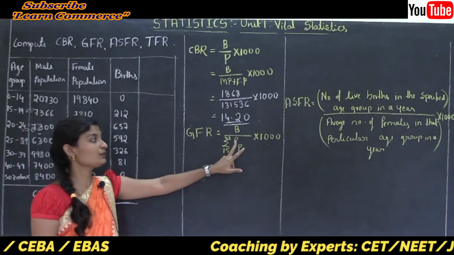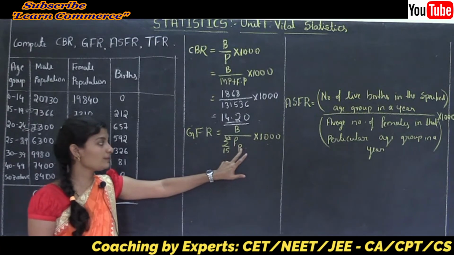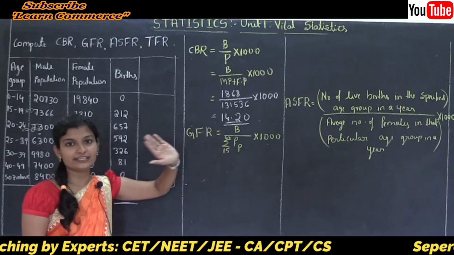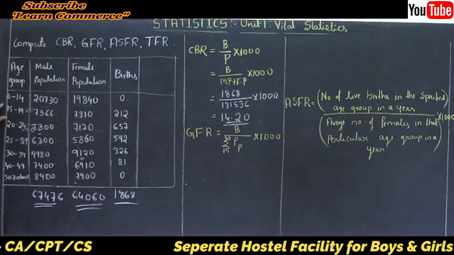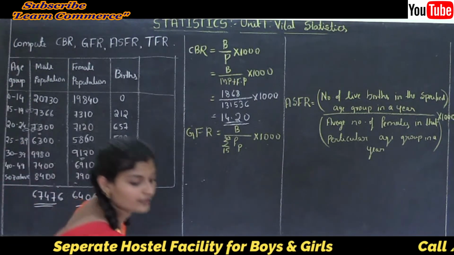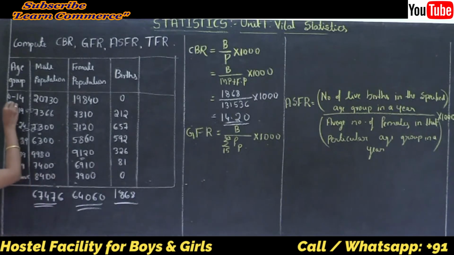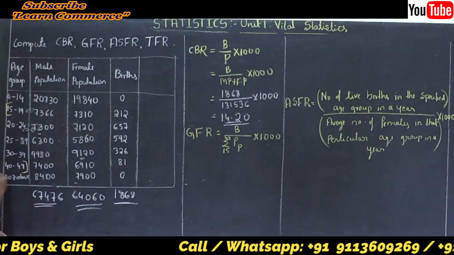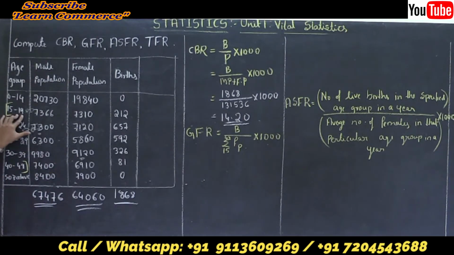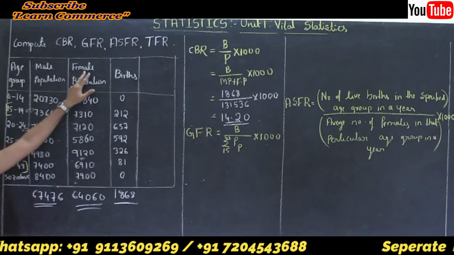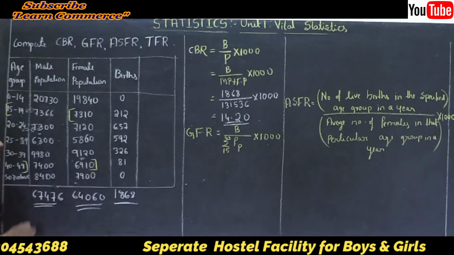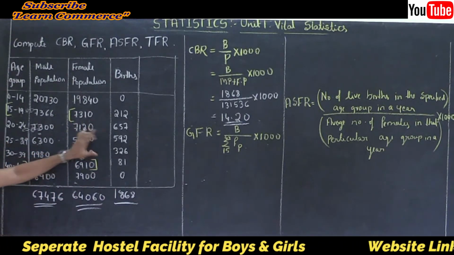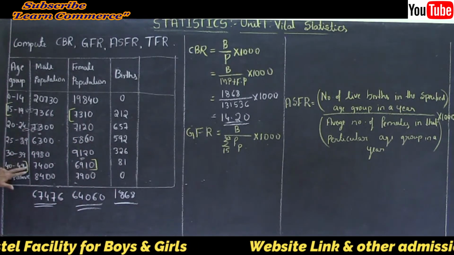Next we need to calculate the total of female population in the age 15 to 49 years. See here, 15 to 49 years is from here to here. We need to calculate the total female population from here to here, because these observations lie between the age 15 to 49 years.